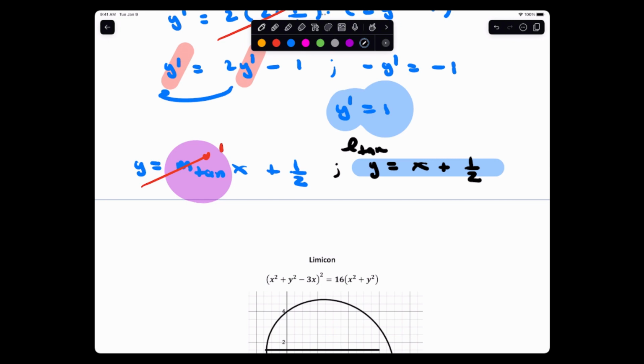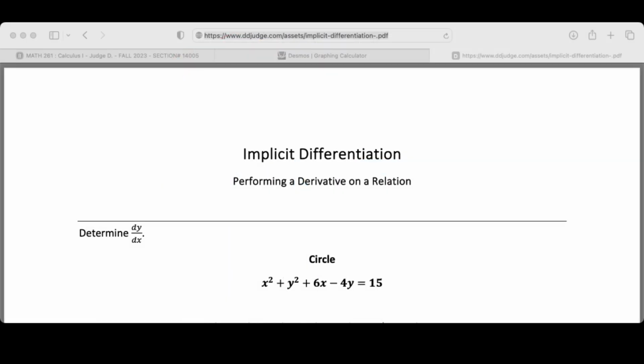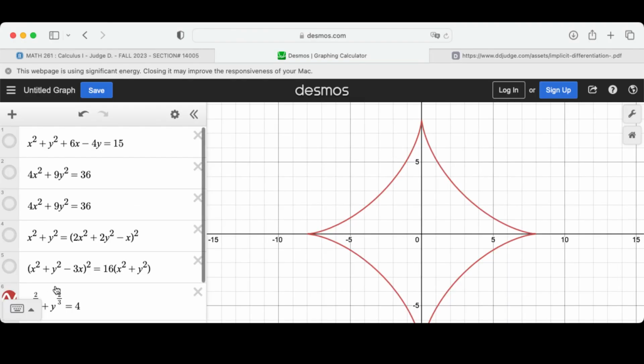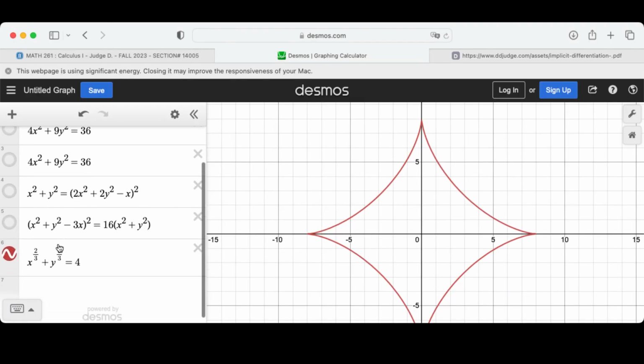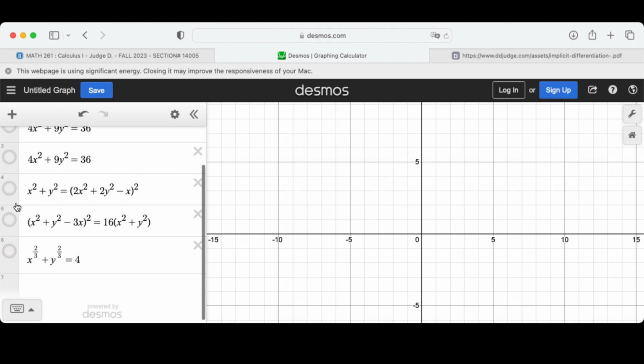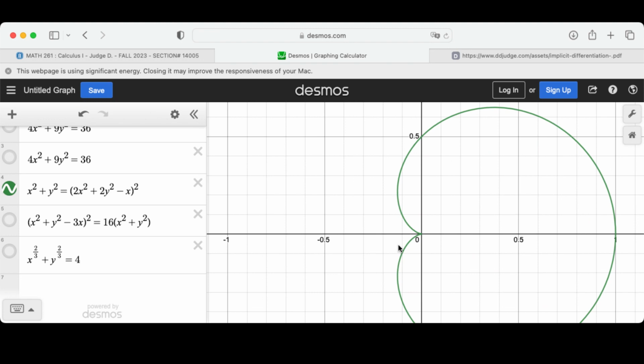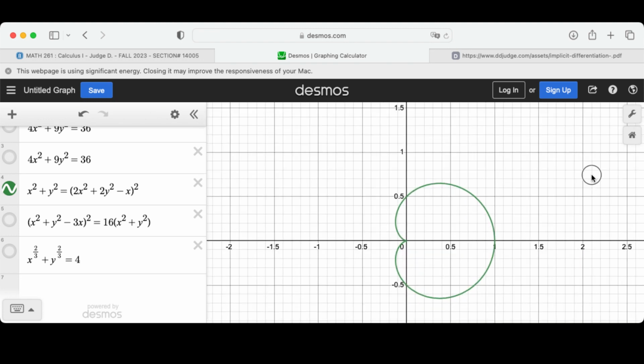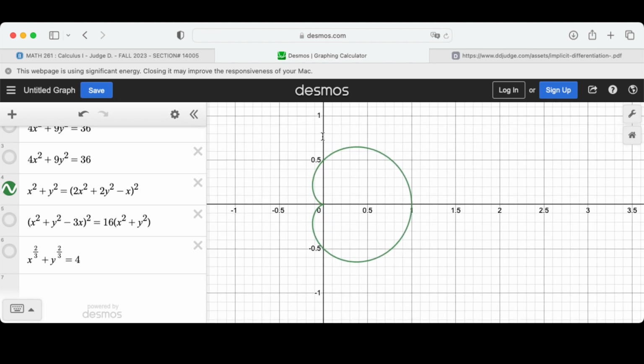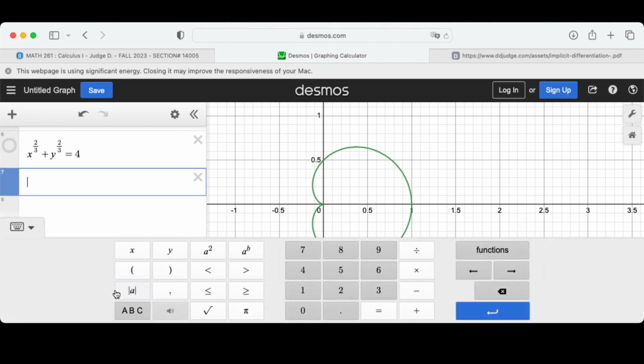Is that right? Now let's see, just to kind of double check here. I want to demonstrate to you guys here. Did I still have that cardioid in Desmos? There's a cardioid. So I'm going to put this equation, y equals x plus, well, 0.5 is 1/2.